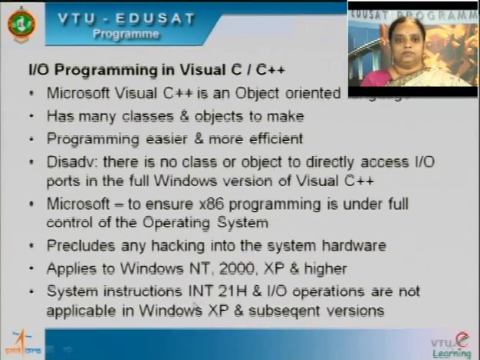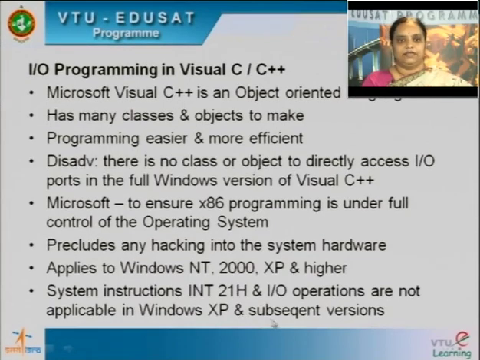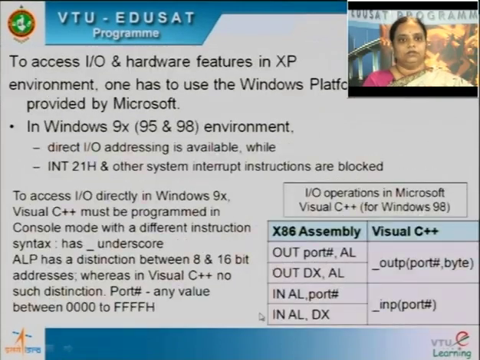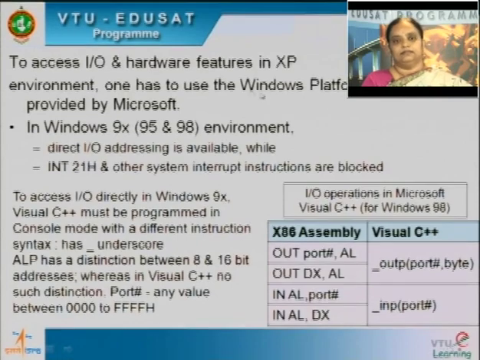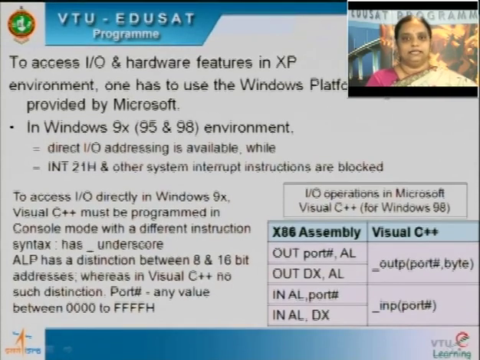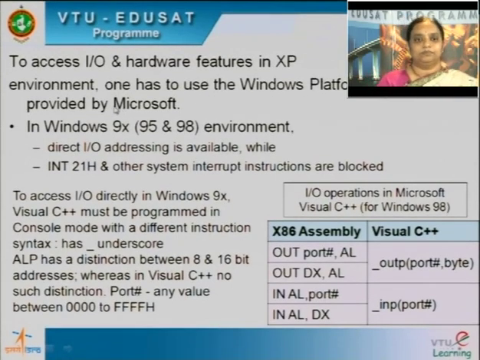The DOS interrupts like 21H also cannot be accessed in Windows XP and subsequent versions. You have to buy the Windows platform SDK, the software development kit provided by Microsoft itself. Only through this environment you can control the I/O devices.